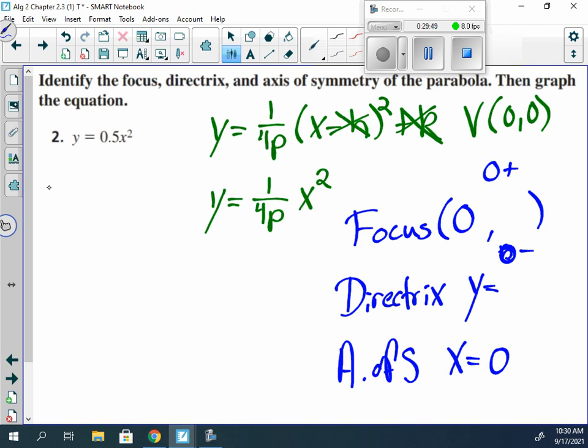So our original equation is y by itself. They already have it set up for us. So what is our 1 over 4p matching up with? It's matching up with the 0.5.